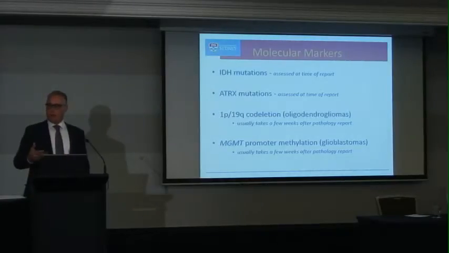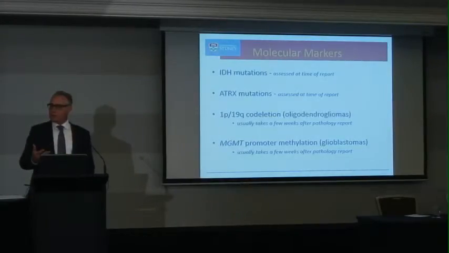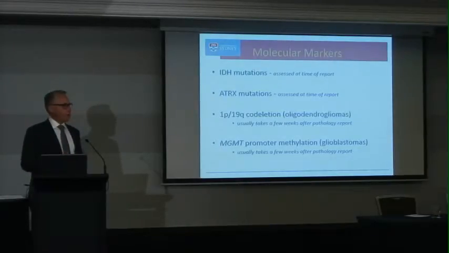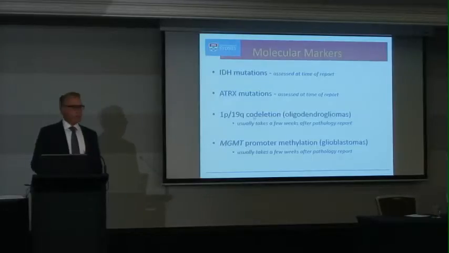So generally, in the week or so after your operation, when you have the formal pathology report, the IDH and the ATRX status should be on that report. These other tests take longer because we have to do extra fiddly things, and so often they will come out a week or two after the formal report with those ancillary molecular tests.